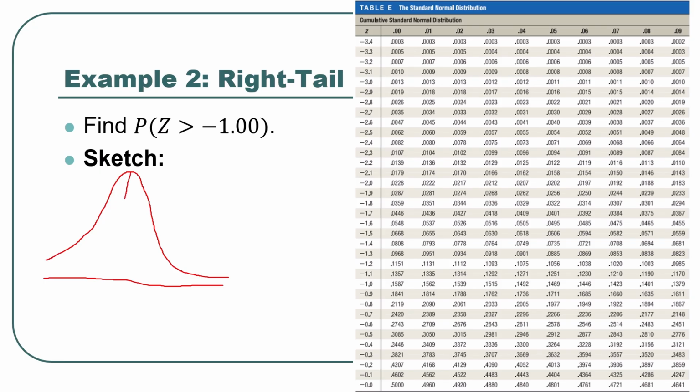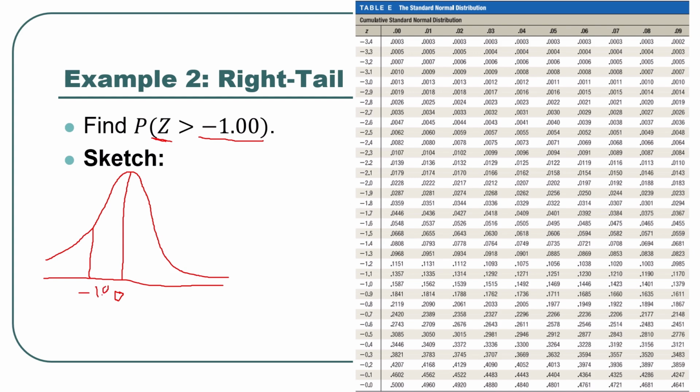Why am I using the standard normal distribution? Because my random variable here is z, which follows the standard normal distribution, which is centered at 0. Now I want to put that value of my z, which is -1, so on the real line of the numbers, it would be to the left of 0.